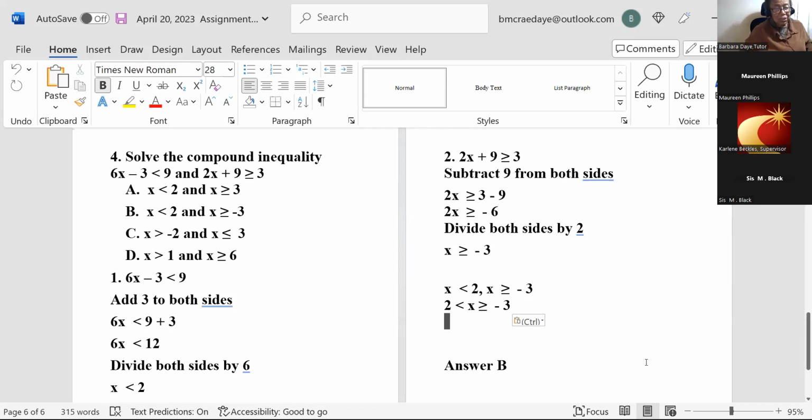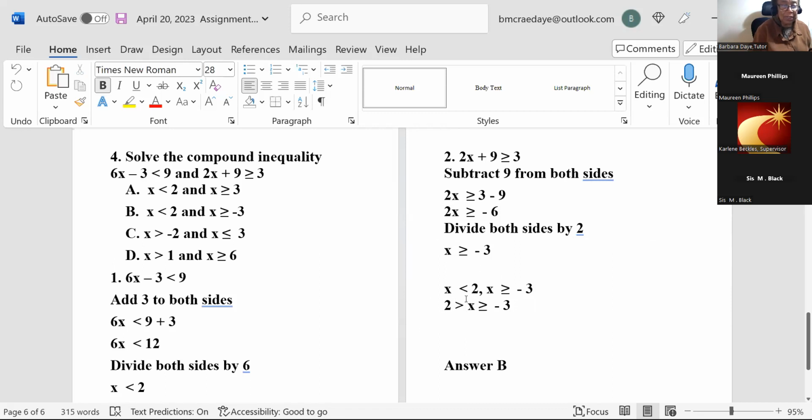No, you're not reversing the sign. You're reversing the inequality. See, if x is less than 2, then that means 2 is, I'm sorry, this would be 2 greater than x. Okay, if x is less than 2, then 2 is greater than x.